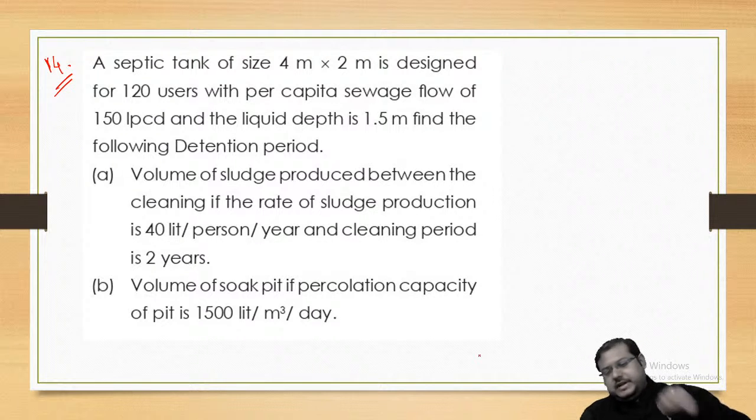Also they are asking for the volume of soak pit if the percolation capacity is 1500 liter per meter cube per day. We have not given you any formula for the volume of soak pit, but you need to find it just on the basis of common sense and unit conversion. Just have a look at question number 14.